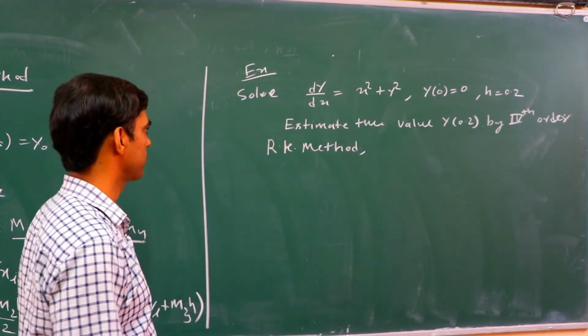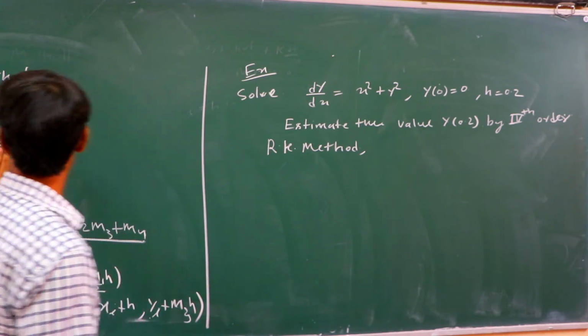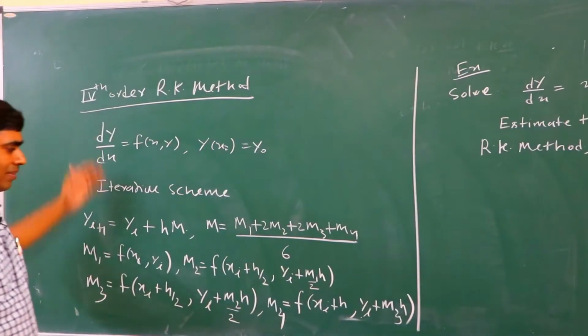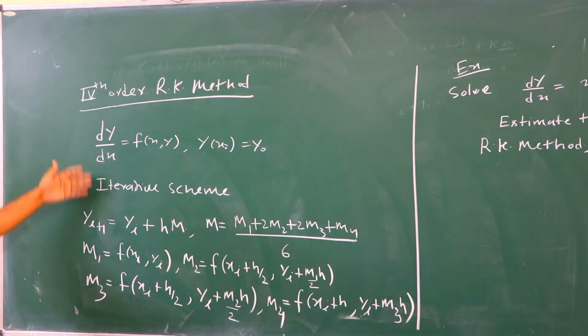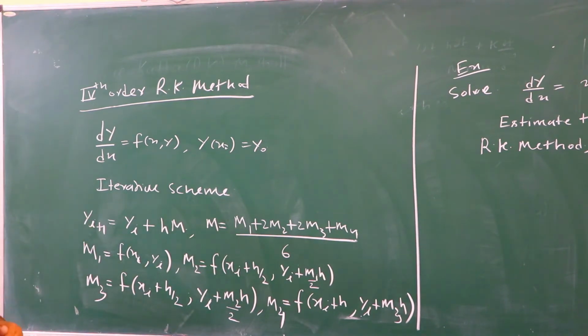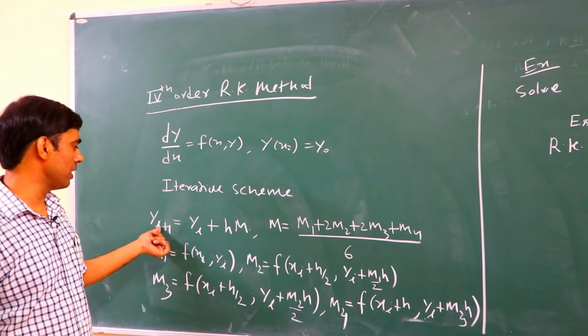So here, what is the iterative scheme of the fourth order RK method? Here we already noted down the iterative scheme of the fourth order RK method. So how do we find the value of y1? By choosing i equal to 0.